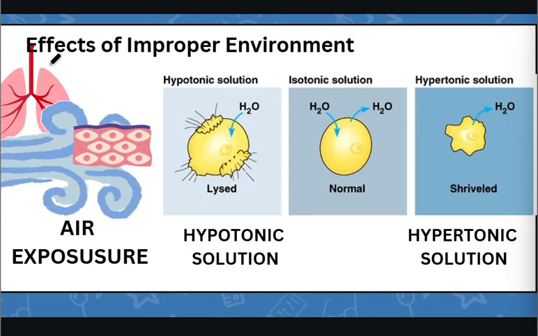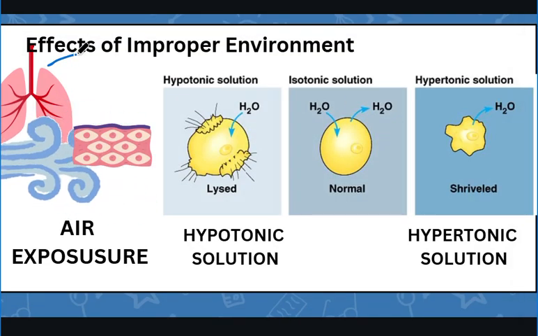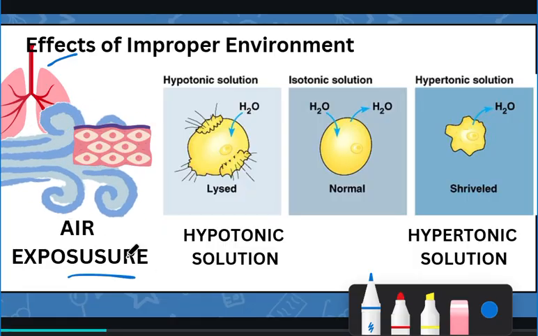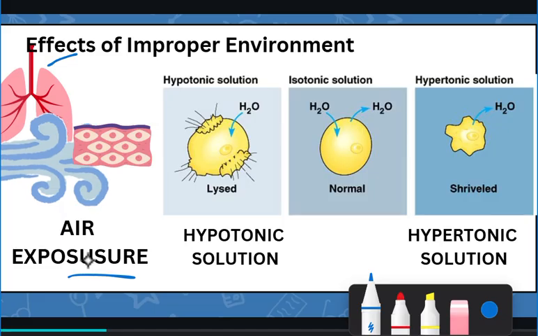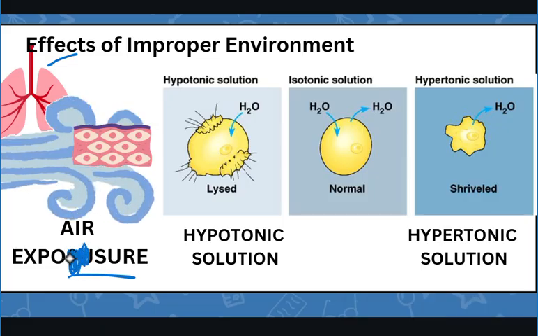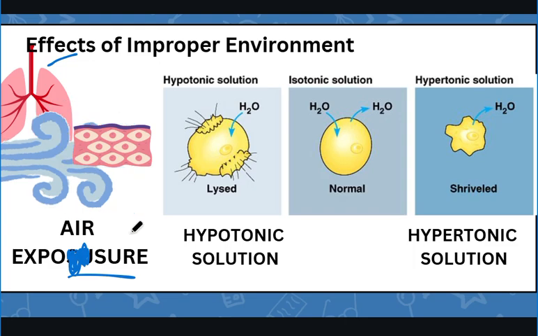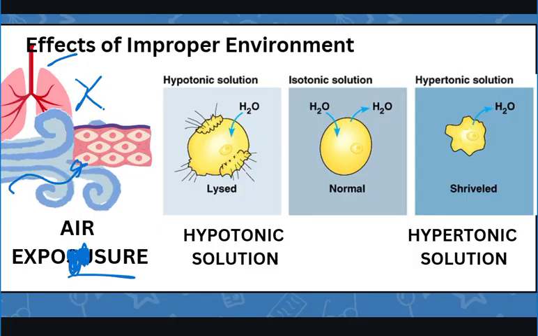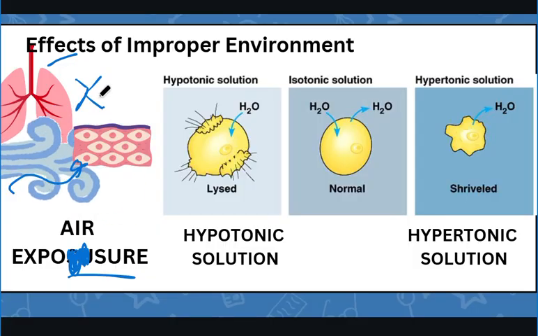Next is the effects of the improper environment. Of course, if there will be air exposure, when the tissue is exposed to the air, it leads to shrinking and it dries out the tissue.